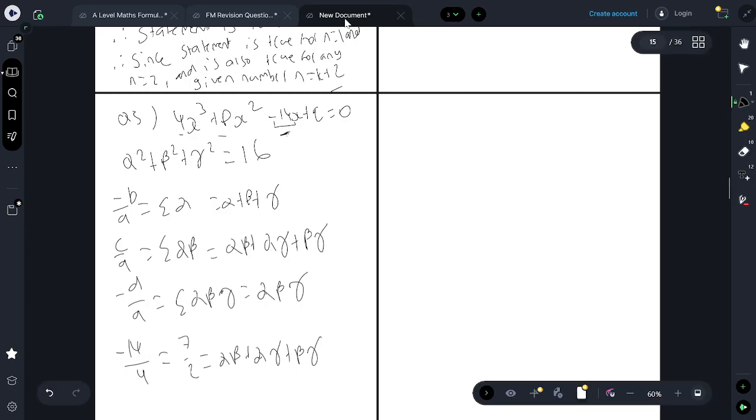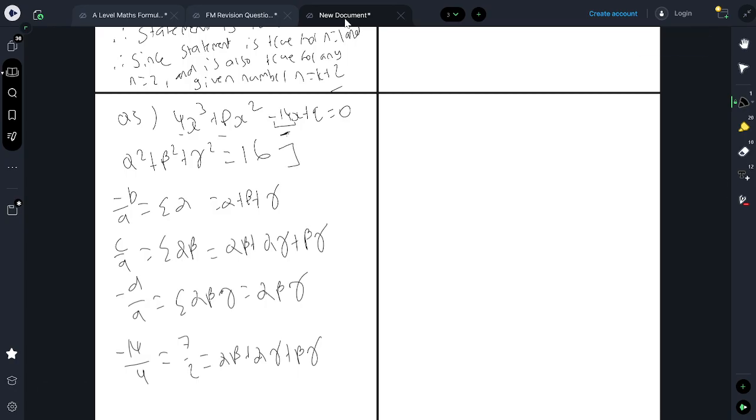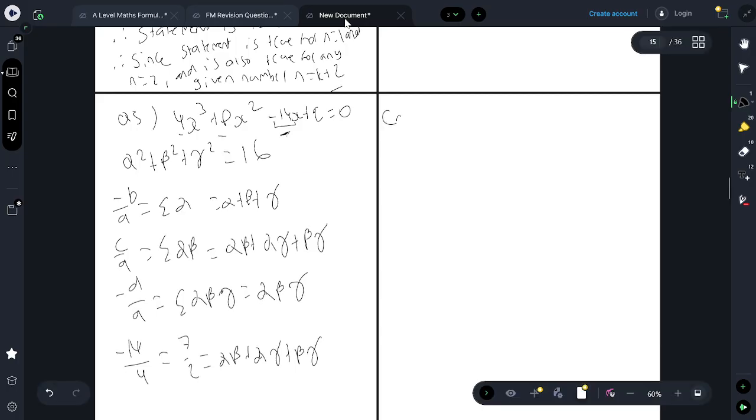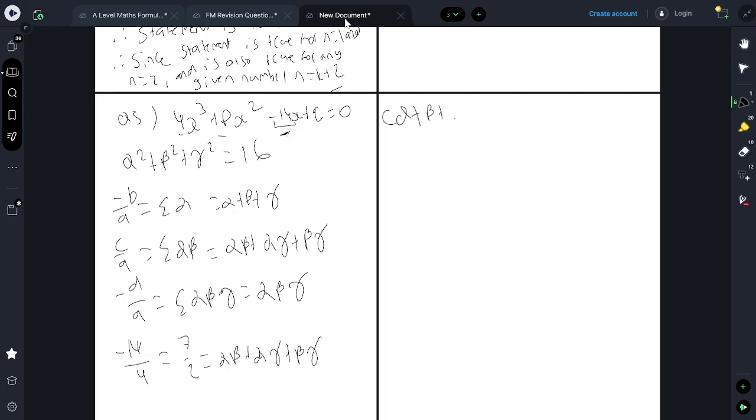But we're also given this fact here, and another thing you should know from the topic is we can consider brackets. So I think we need to consider alpha plus beta plus gamma all squared.